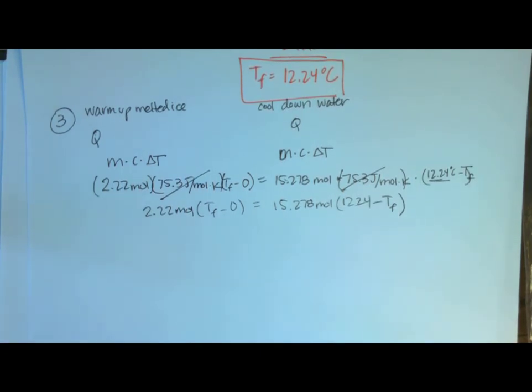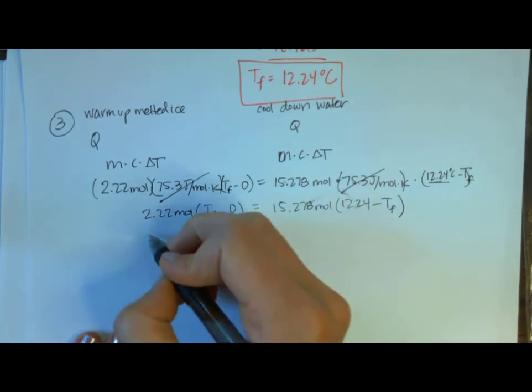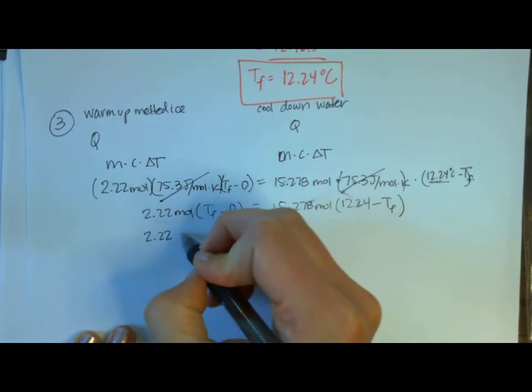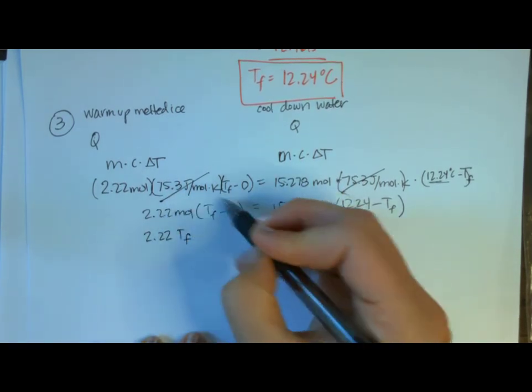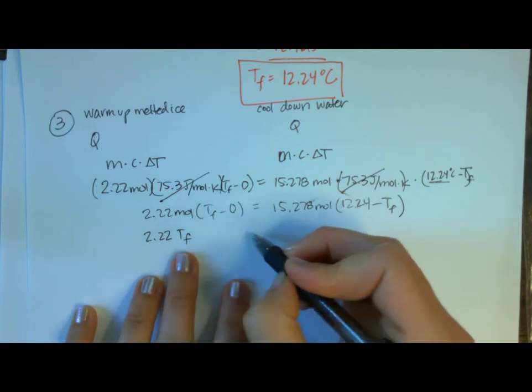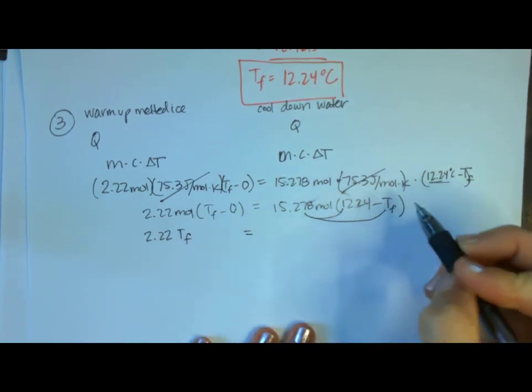All right, let's distribute both of these. So we're going to have 2.22 TF, and then this will be minus 0, right? So we've got that on the one side, equal to, let's distribute that there and there.